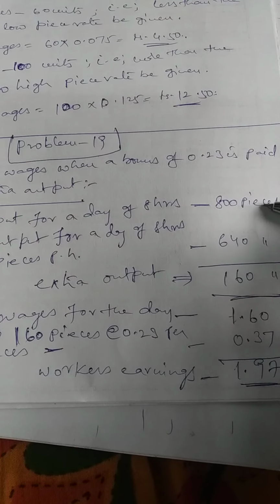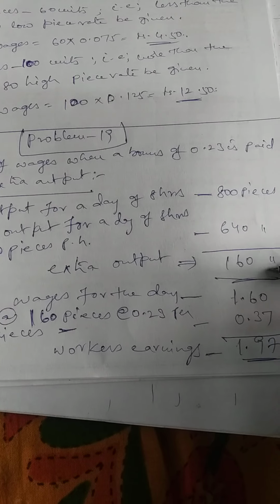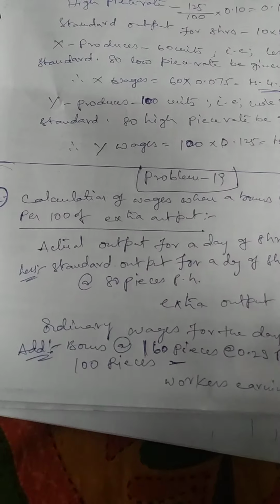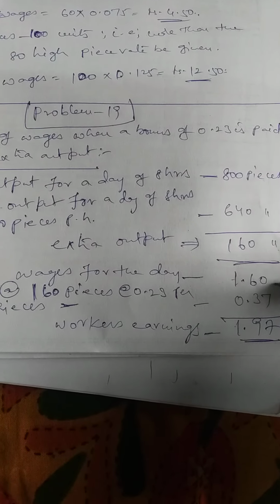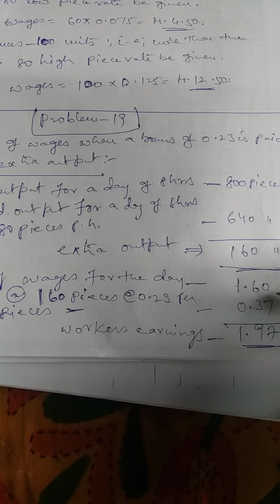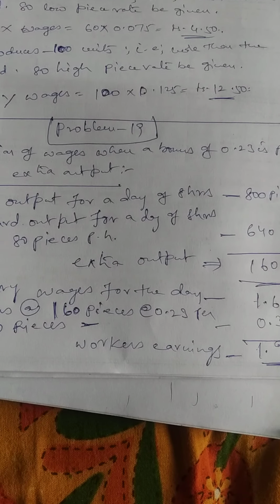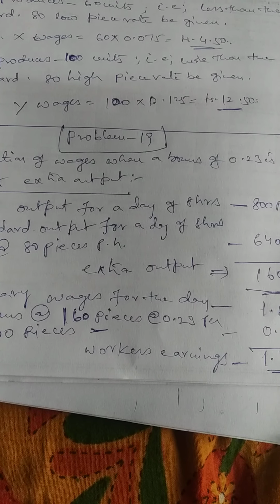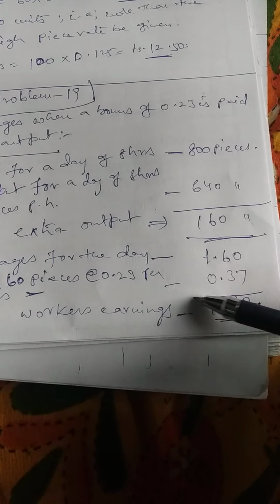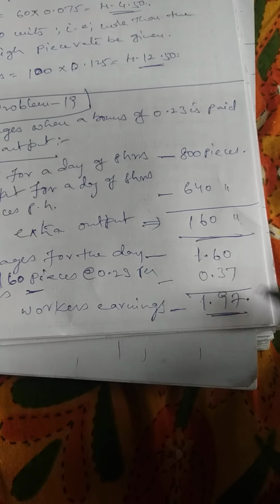So 800 pieces is the actual production, standard is 640, so the extra output is 160 units. The ordinary wages for the day is 1.60, for which extra bonus will be given for the 160 extra pieces, that is 160 units into 0.23 paise, bonus must be given. That is 0.37. So his total earnings for the first option is 1.97.